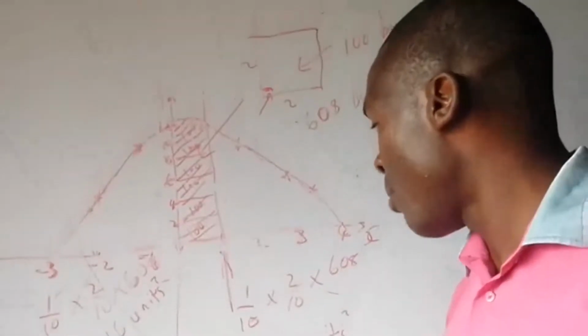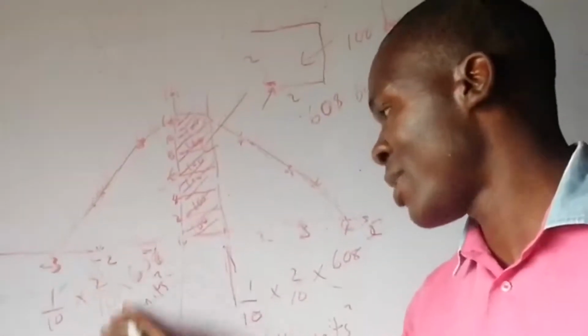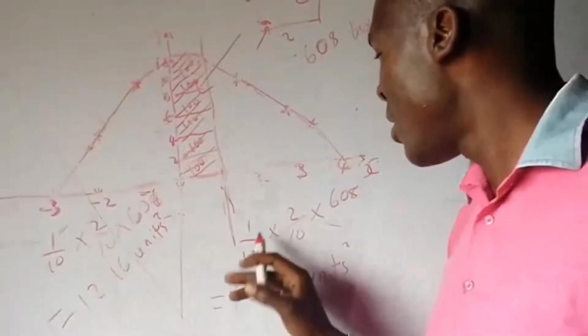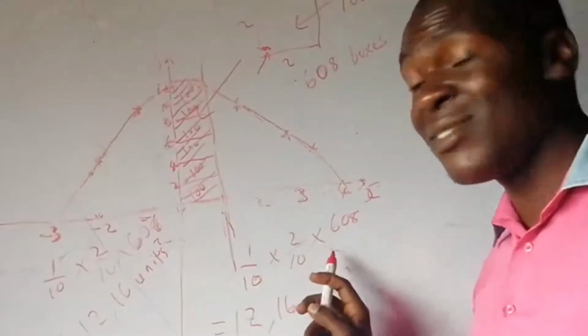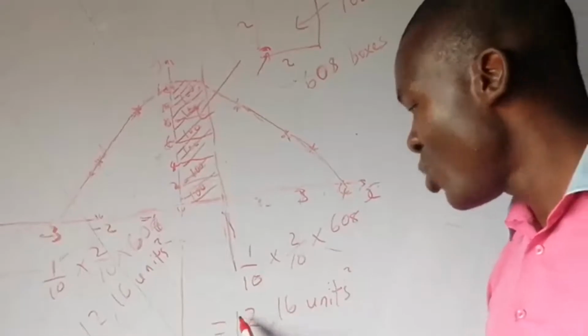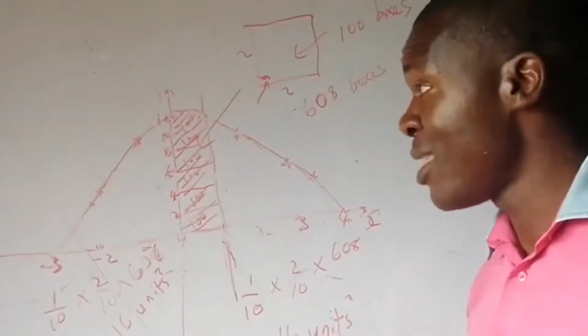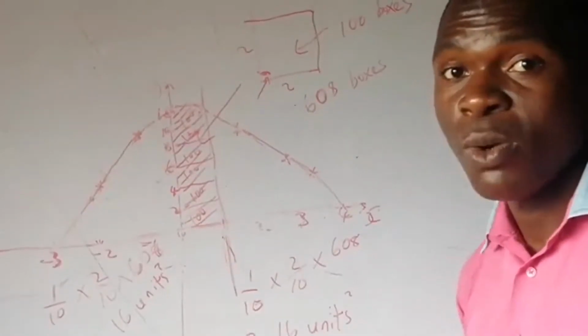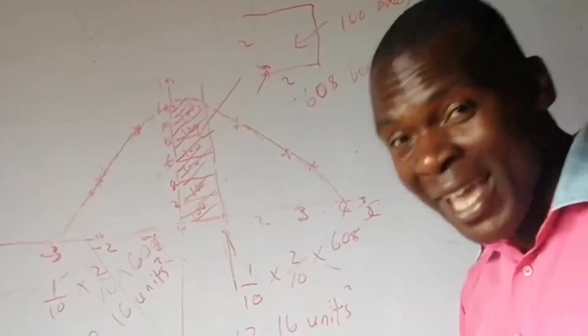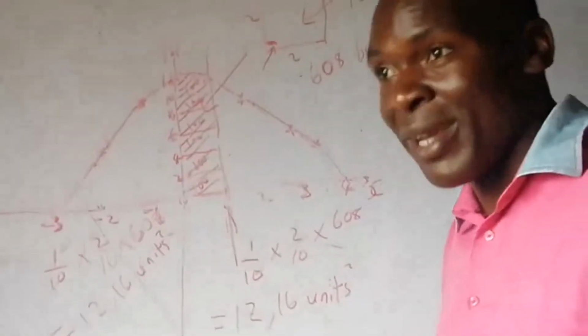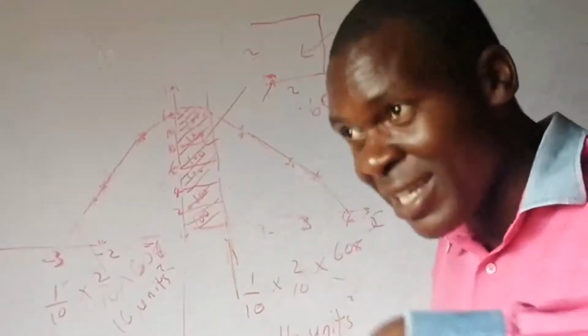The area of a single box is 1 over 10 times 2 over 10. So the total area is 1 over 10 times 2 over 10 times 608, and we get 12.16 square units. This is what we do when we calculate the area bounded by the given lines, or the area under a curve.